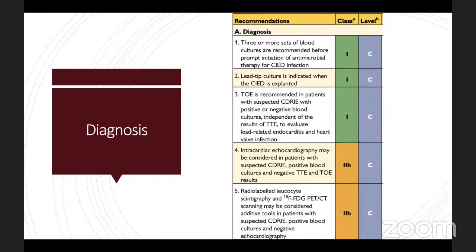And TEE is recommended in patients with suspected cardiac device-related infective endocarditis, with positive or negative blood culture, independent of the result of the transthoracic echocardiography, to evaluate lead-related endocarditis and heart valve infection.